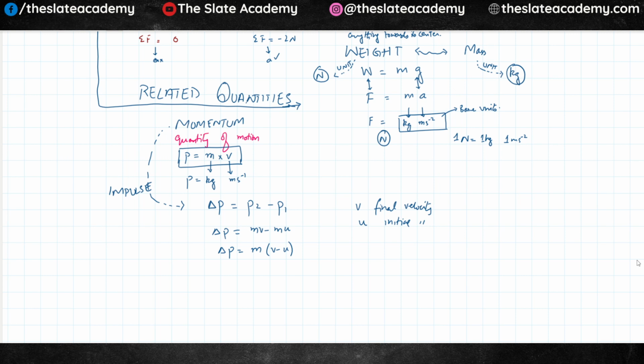Good question. Okay, so I have W is equal to mg. If I make g the subject, I get W over m is equal to g. The unit for weight is newtons. The unit for mass is kg.